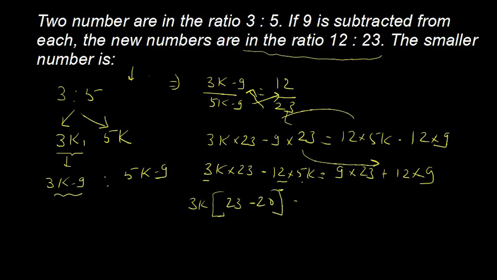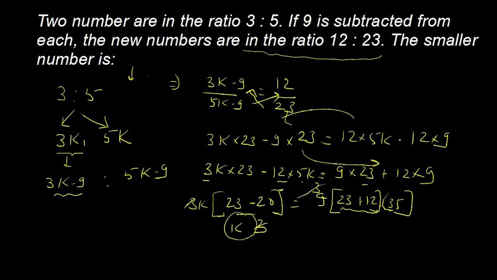This is the common method I have already told you. 9 is common from this quantity, so 23 plus 12. What is 23 plus 12? Straight away we can say it is 35. Now 23 minus 20 is 3, so 3 3s are 9. So k is only left over there, and this is 35. So the value of k is going to be 35.